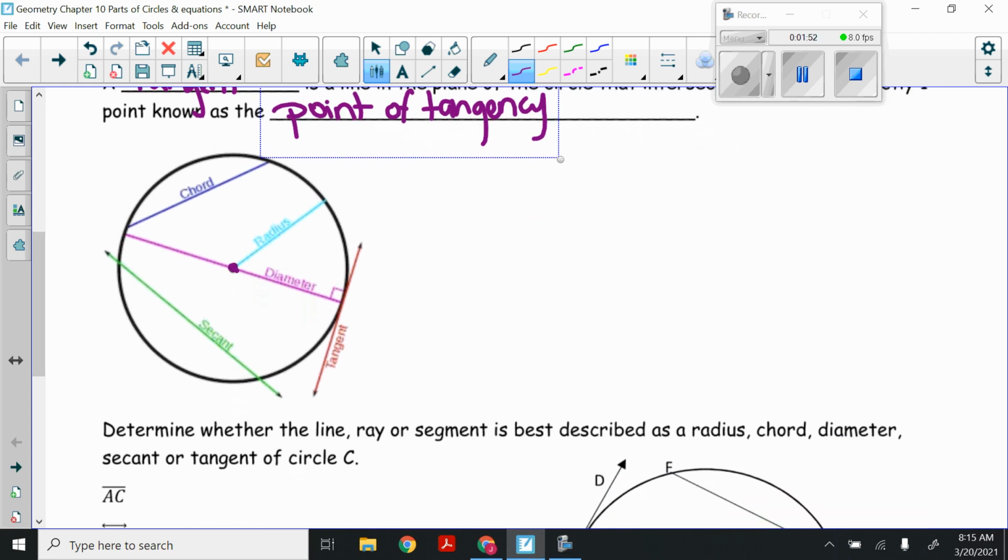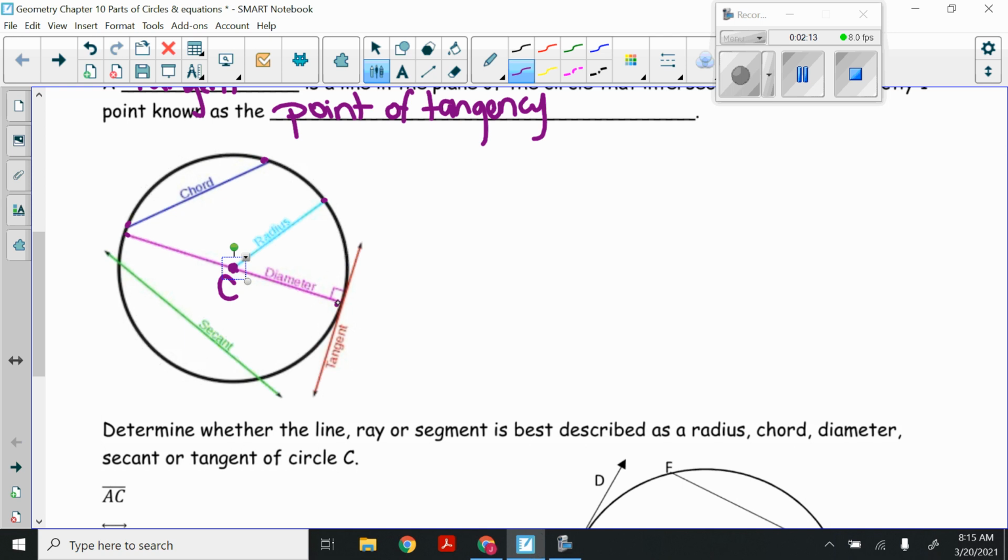So this right here, this would be our center. We'll call it C. A chord, again, is any segment that connects 2 points of the circle. So here we have our chord. The radius, one endpoint is on the center, the other endpoint is on the circle. The diameter, the special chord that goes through the center.